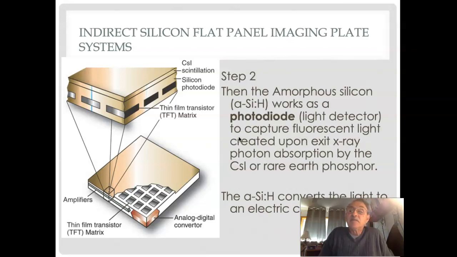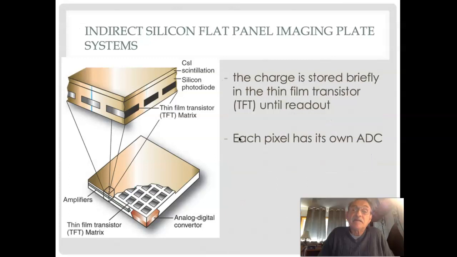Then the amorphous silicon works as a photodiode, a light detector, to capture this light created on the exit X-ray absorption by the cesium iodide or the rare earth phosphor. And so essentially, it then converts the light into an electric charge. Okay, you with me so far?